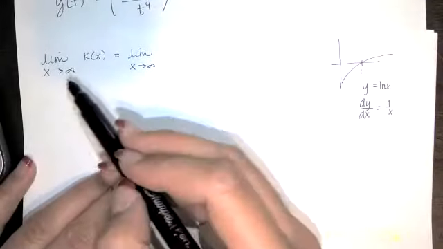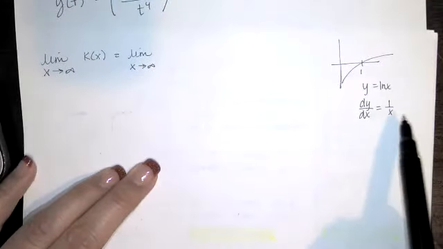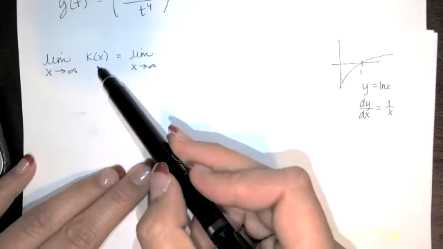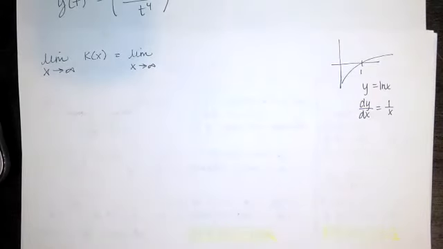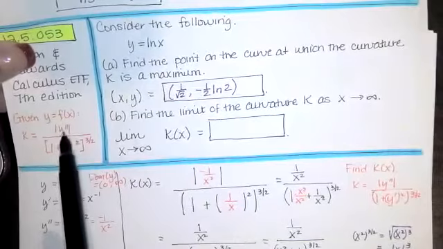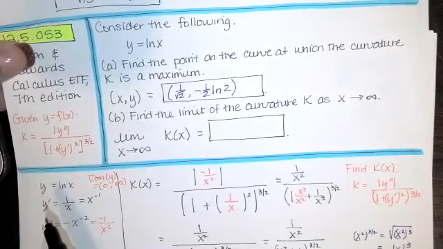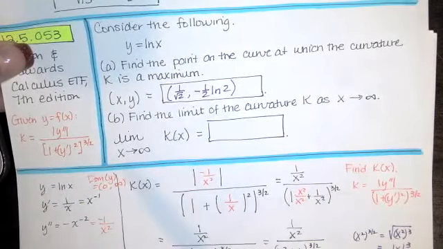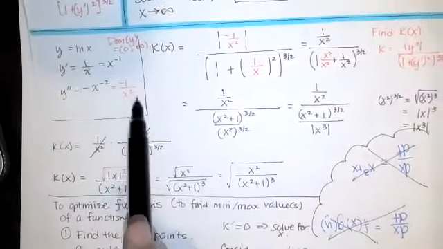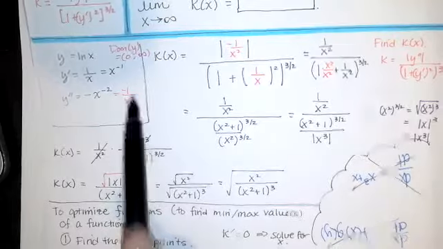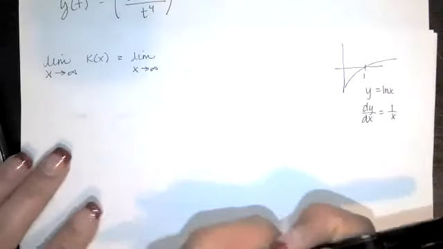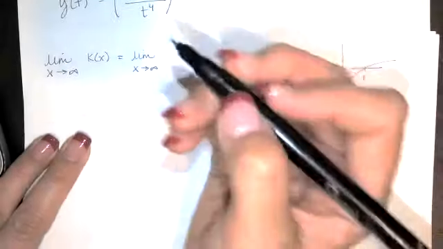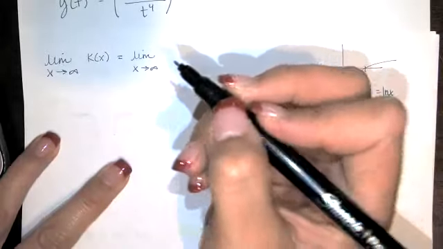So with that in mind, you might say if the slope is that small, what would its curvature be? Now remember, the curvature is related to the second derivative. If the first derivative is really small, and the second derivative is that function, it's even smaller as x goes to infinity. I expect this to go to 0 actually, but let's write down our curvature function.